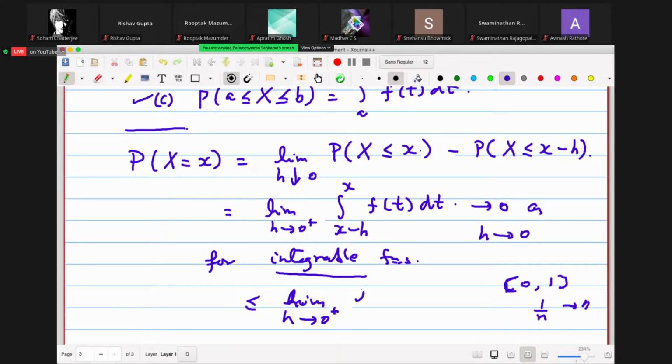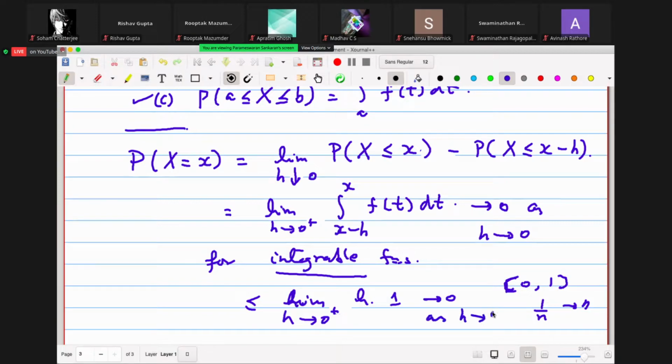Anyway, this is h times 1. So in a small interval, I'm not saying f of t is bounded by 1 overall, but in a small interval it will be bounded by 1. It's essentially bounded. So this goes to 0.